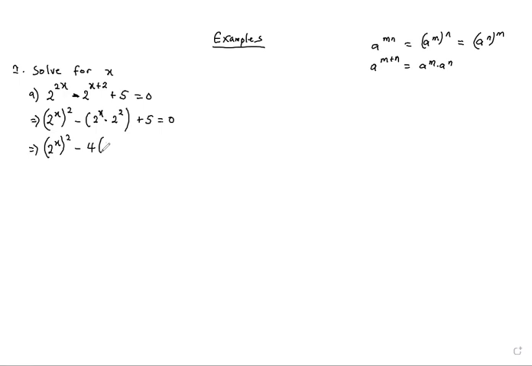Hello? At first, you wrote 2 to the power 2x minus 4x. Then it's changed to 2 to the power x plus 2. Or that was a different one. So there I was still thinking of a good example.